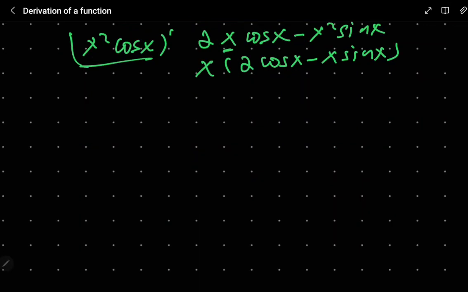The other important thing is the derivative of a quotient function.